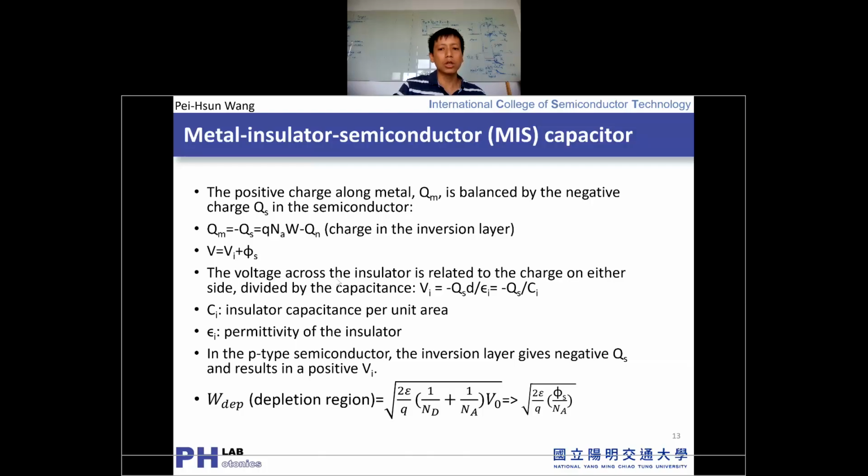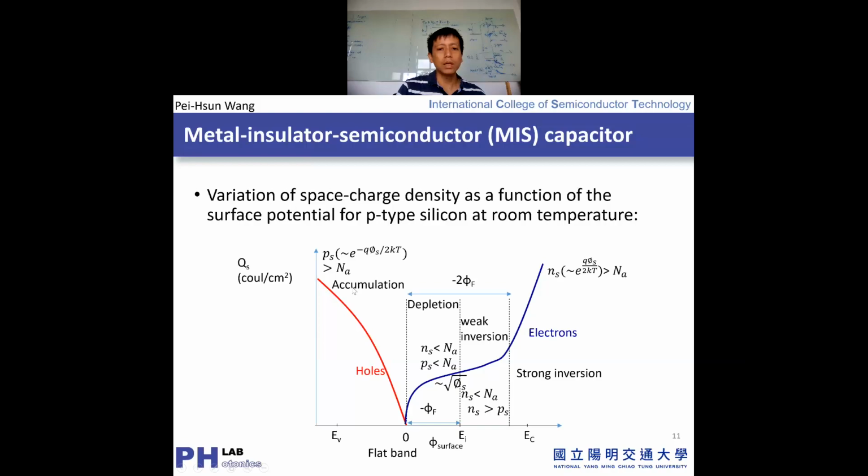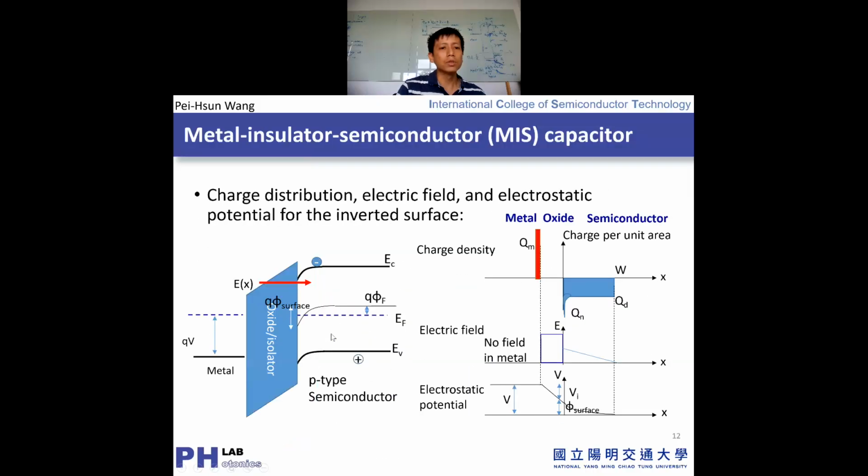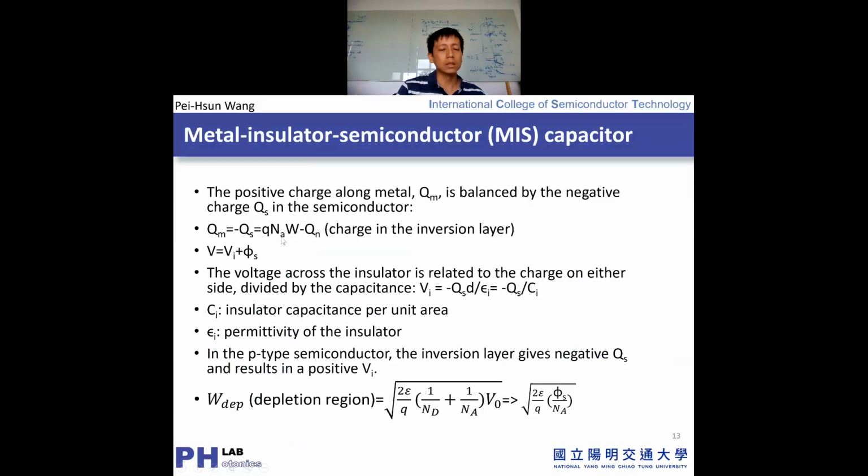So if you go back to the previous slide, you first have the doping concentration in the p-type region. In the p-type region, the doping concentration is Na. So how much charge in the p-type region is the depletion width multiplied with the charge density multiplied with the area. So the total charge is q Na multiplied by W. This one is like a surface charge density.